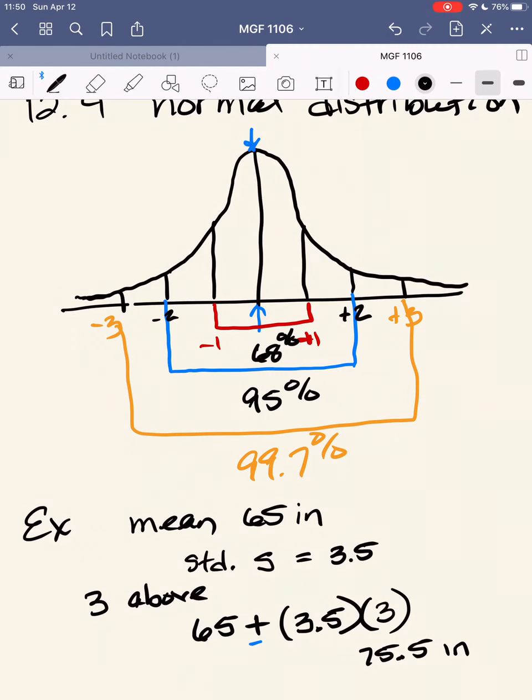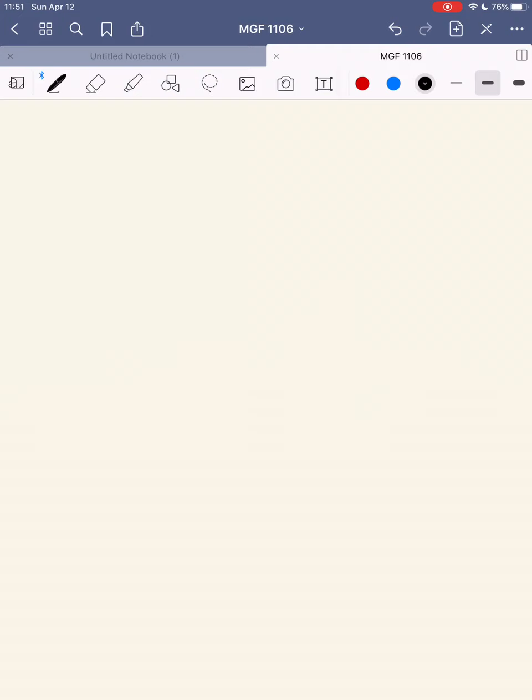If I were to do part 2 and I want 2 standard deviations below, I would take my mean of 65 and subtract my standard deviation 3.5 multiplied by the number of standard deviations I'm going below, and this would give me 58 inches. Again, units are important.